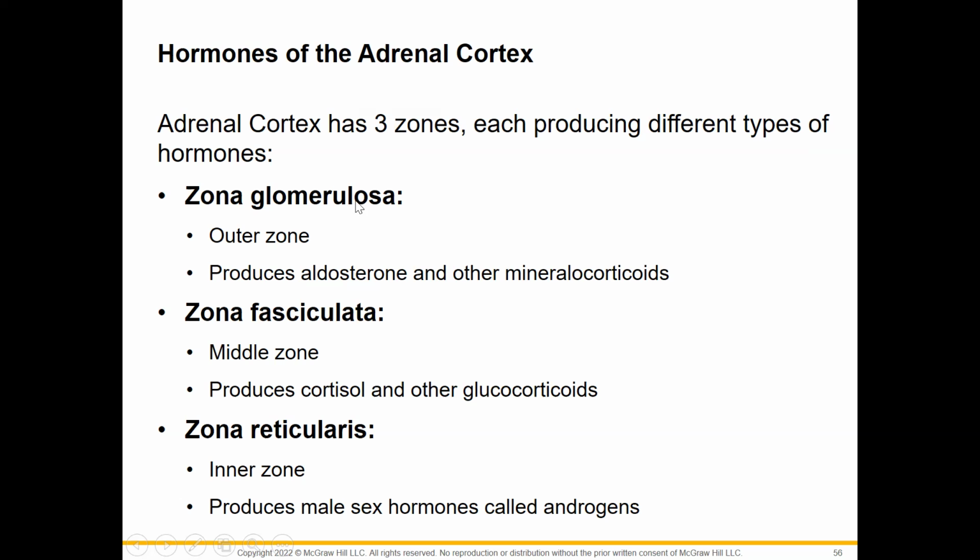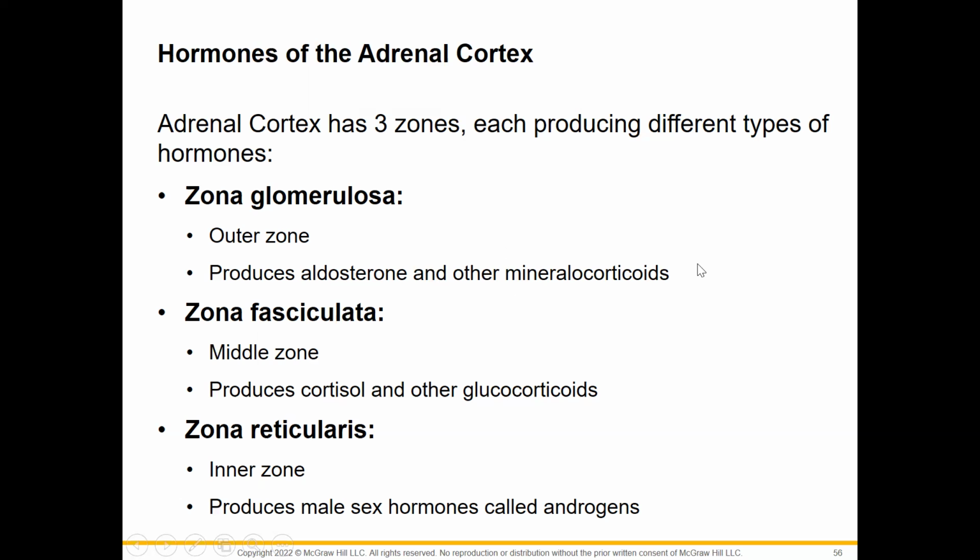All right. Now moving from superficial to deep, the zona glomerulosa is the outside or more superficial zone. This is where you are producing aldosterone and other mineralocorticoids. The two parts of this that should stand out to you are mineral and cortical.